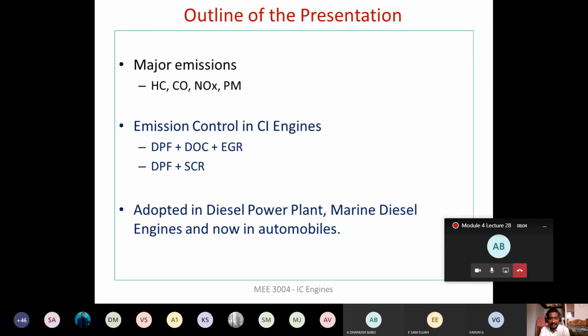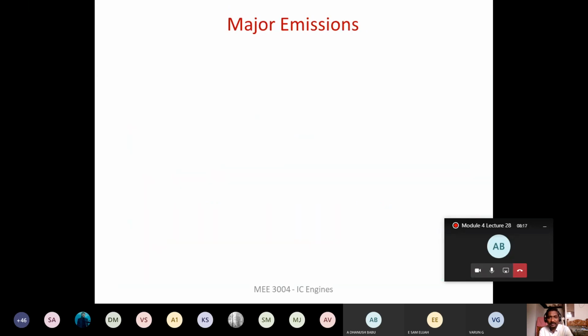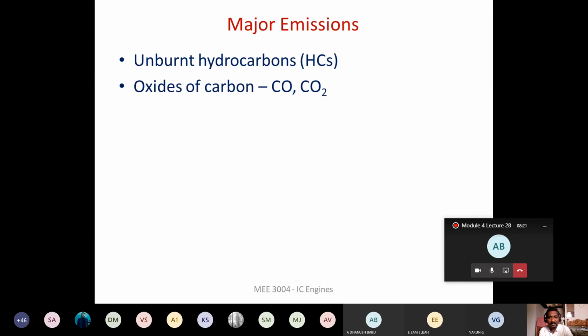And finally, they have come to the automobile sector also, to control the emissions. So it started with the diesel power plant, then went to marine diesel engines, and right now we are using it for our automobiles.